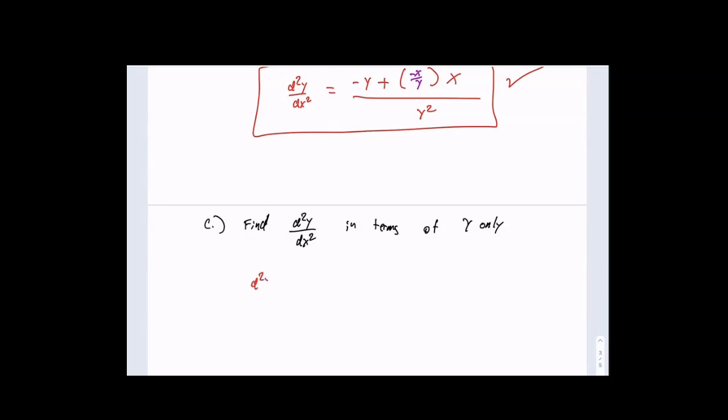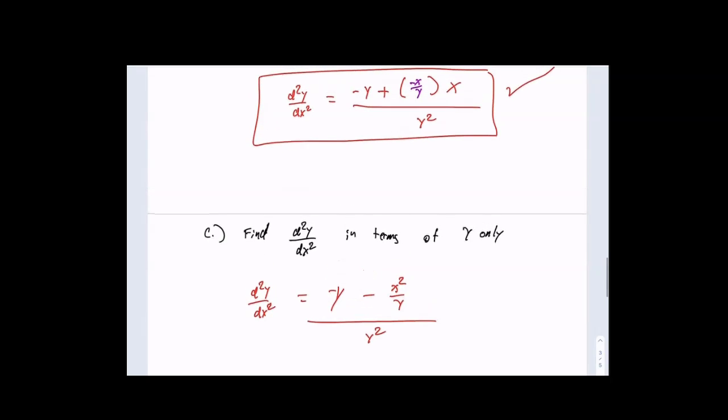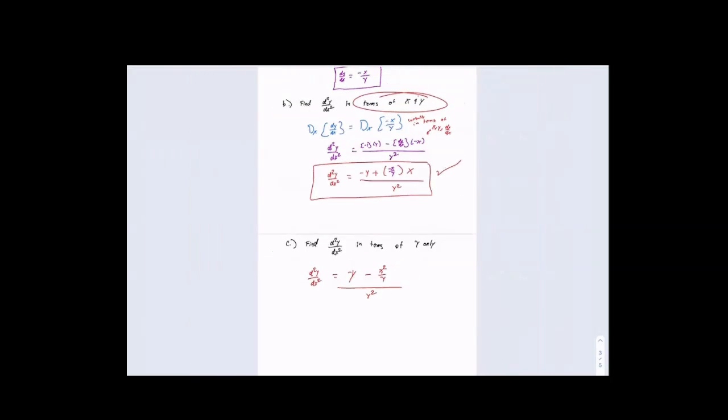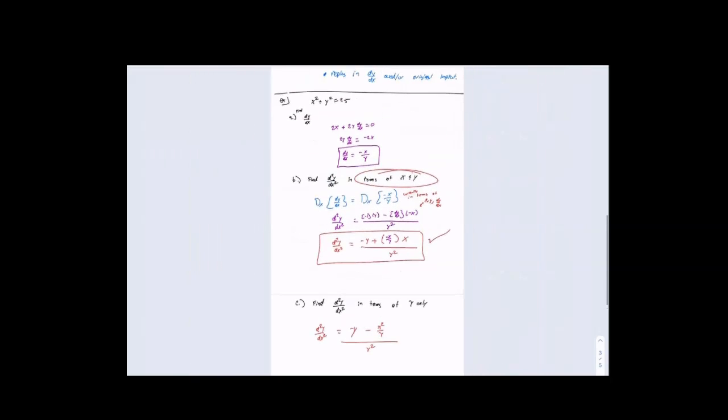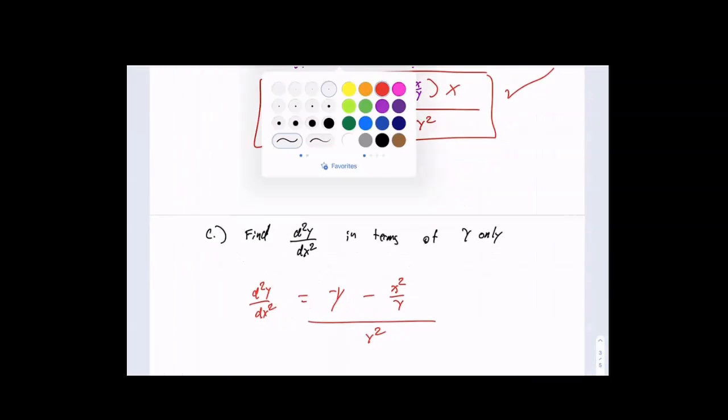So first off, the second derivative is negative y minus x squared over y squared. Okay, so I clean this up. Negative x over y times x is negative x squared. So right now I have this right here. Now technically right here I can actually break and go and figure it out. You have to go all the way back to the original function because you need to find x in terms of y.